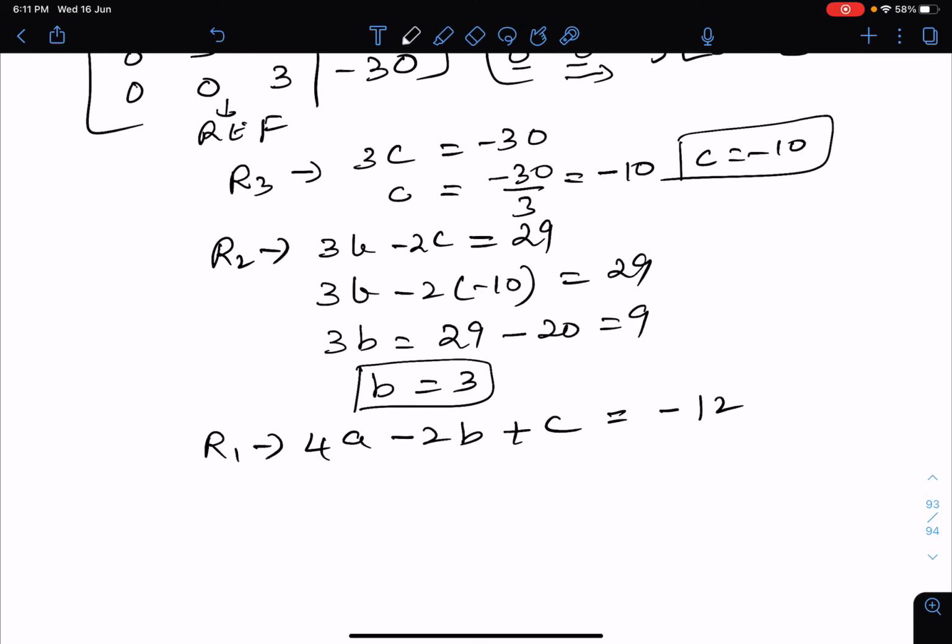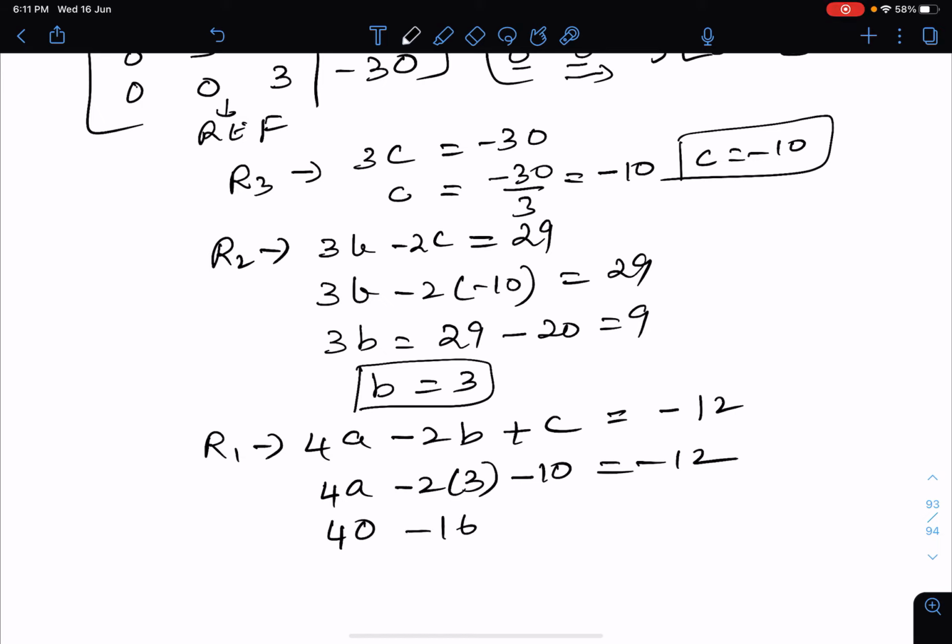Okay, now substitute for B and C. 4A minus 2 into 3 minus 10 equal to minus 12. So 4A, this is minus 6, so minus 16 equal to minus 12. So 16 goes that side, it becomes plus. So 16 minus 12 gives you 4, which implies A equal to 1.